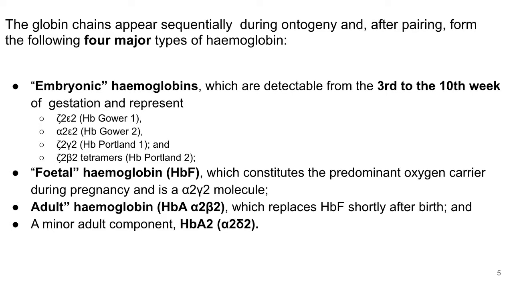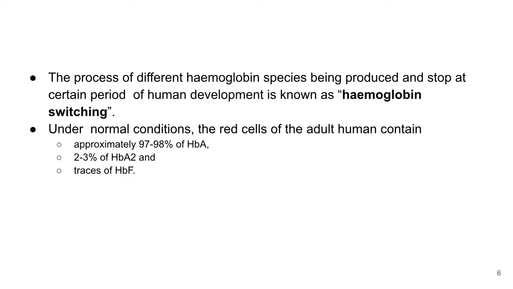The third type is adult hemoglobin, that is hemoglobin A1, which replaces hemoglobin F shortly after birth, and a minor adult component, that is hemoglobin A2, which has alpha 2 and delta 2 globin chains. The process of different hemoglobin species being produced and stopping at certain periods of development is known as hemoglobin switching.